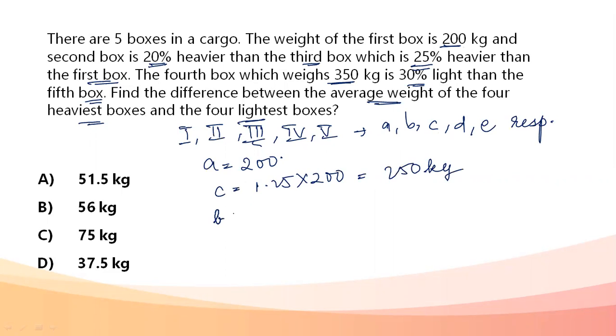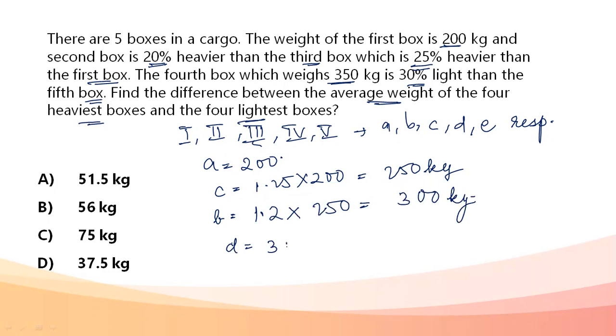Now the second box is 20% heavier than the third box, which is 25% heavier than the first box. That is 20% more than 250, which comes out to be 300 kg. The fourth box, which weighs 350 kg, is 30% lighter than the fifth box.